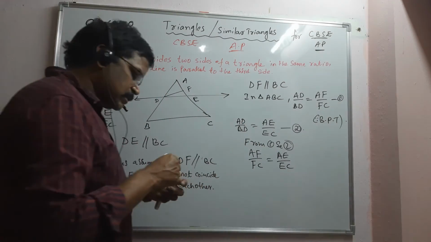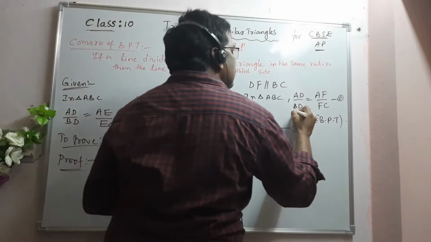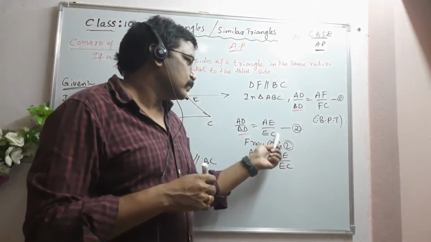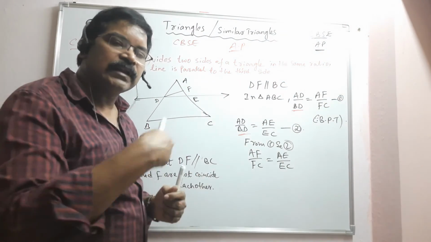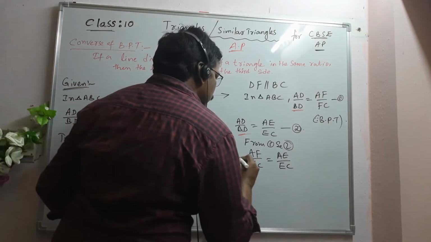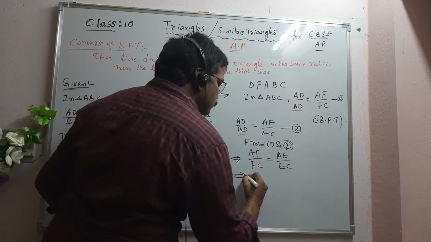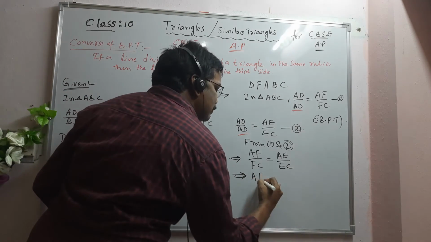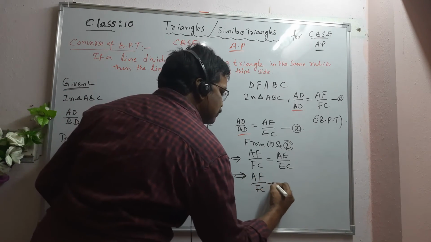Why? Here AD by BD is there, here also AD by BD is there. So we can equate the right hand sides. Okay, good. Now what we will do here, just add +1 on both sides.